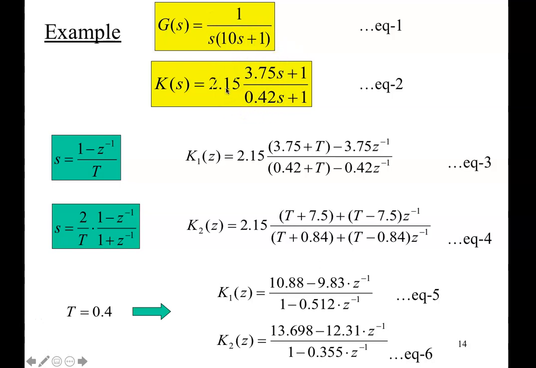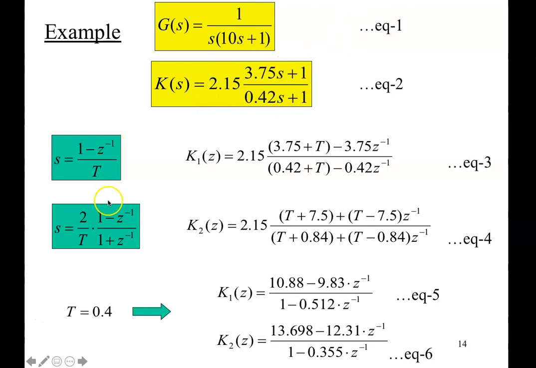The controller we ended up with, using the frequency domain, the Bode plots, the crossover frequency, the phase margin, that kind of criteria, we use this to design a controller. We get this equation 2. Now, G(s) is a plant. You don't convert that. That represents your satellite tracking radar. That's not a digital system. It's a moving object, or the angle of that radar changes with time. It is the controller that we need to convert if we want to implement that in digital form.